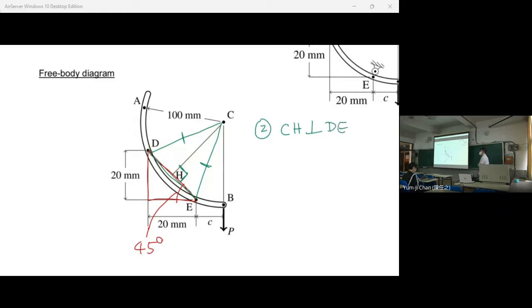So because this one is 45 degrees, this one is 90 degrees, this one is 45 degrees.